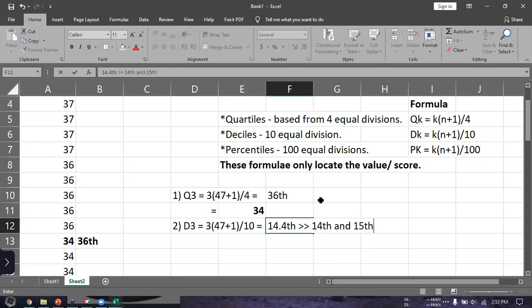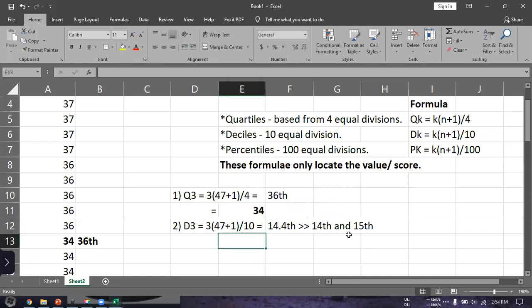However small or however large this point is, we'll always consider the value below and the value above, the round up and round down. That is the 14th and the 15th item.